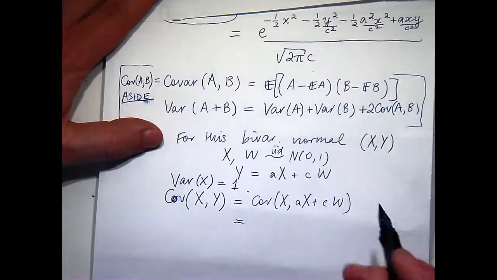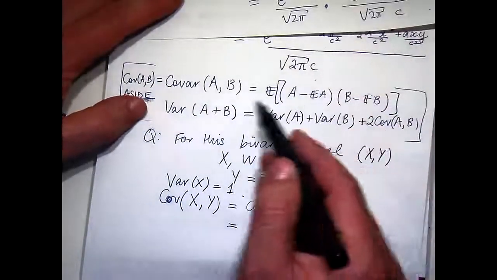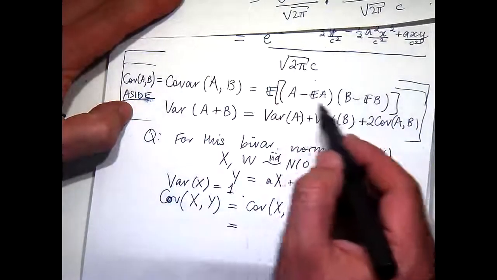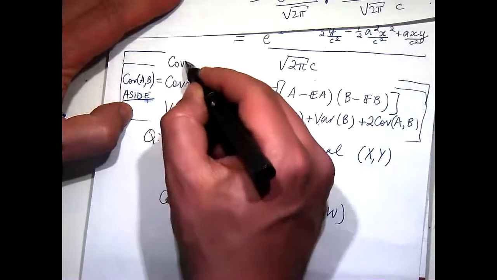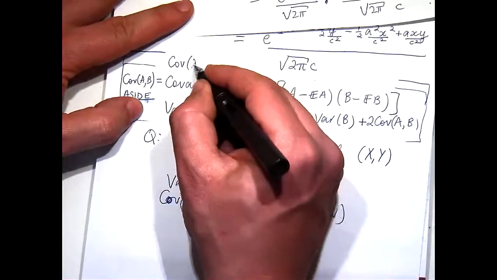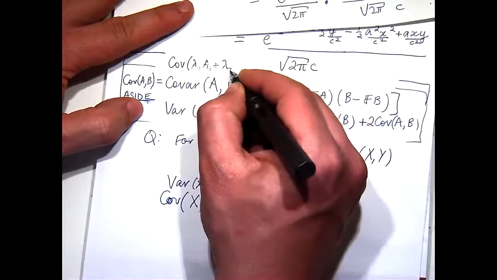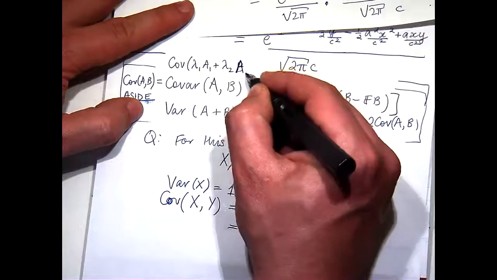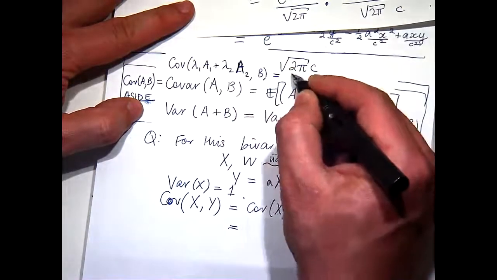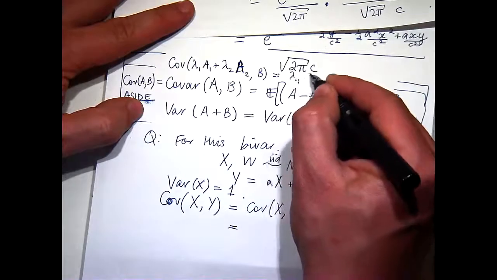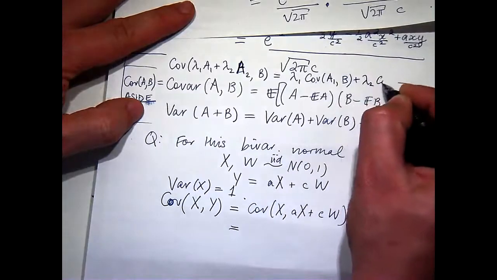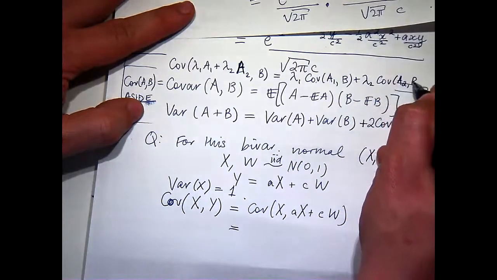There's a good algebra that should be done with covariance. It follows straight from that definition that covariance is called a bilinear operator. It's linear in A and linear in B. So I'll just say covariance of lambda 1 A1 plus lambda 2 A2 with B. The bilinearity says that it will be lambda 1 times the covariance of A1 with B plus lambda 2 covariance of A2 with B. That's assuming the lambdas are constants.